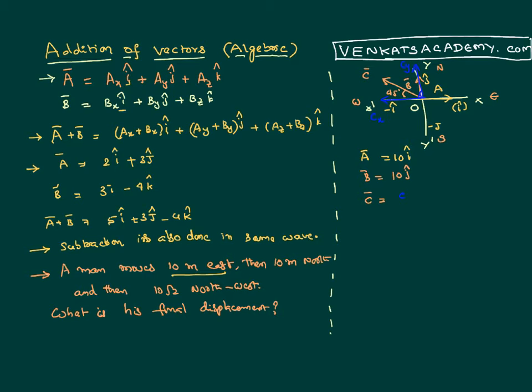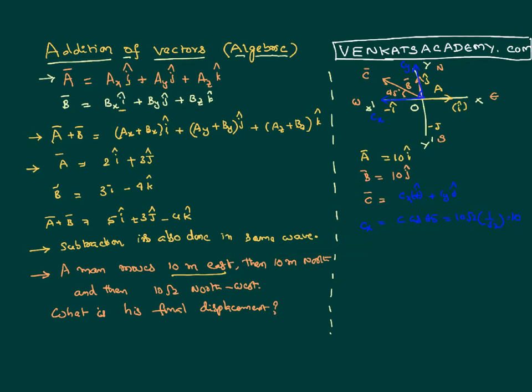So C is Cx i cap and Cy j cap. It's very clear that this is not plus i cap. Why? Because it's along the negative x-axis. In fact, I have to say Cx minus i cap. Of course, Cy is along the positive y-axis, plus j cap. What's the value of Cx? It's along the x direction, so it's the cos component. C cos 45, that's 10 root 2 times cos 45, and cos 45 is 1 by root 2.